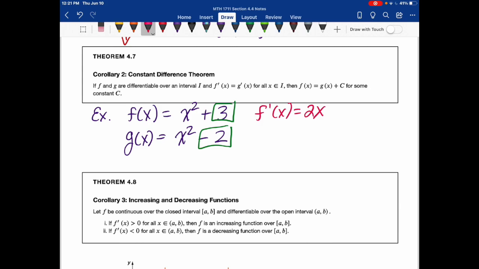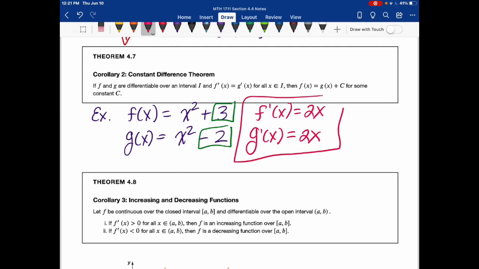So I take f prime, that's going to be 2x because the derivative of x squared is 2x. But when I take the derivative of the second term, which is 3, a constant, I get 0. Now when I take the derivative of g of x, I take the derivative of x squared, which is 2x. But when I take the derivative of that second term, which is a constant, that's 0. So because they only differ by the constant that I boxed in green, their derivatives are going to be the same.